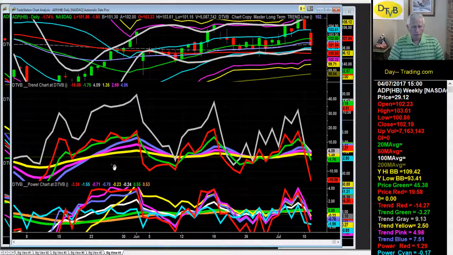Also, the trend chart is faster than the short-term trio, the trend trio lines, blue, pink, and yellow, are the first group of the short-term trend lines.